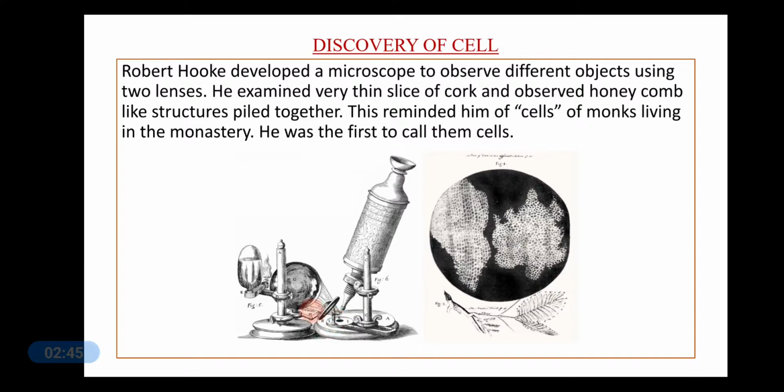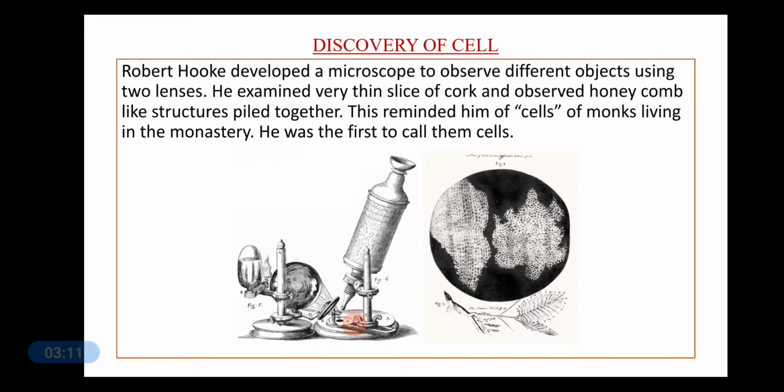Here you can see the microscope which Robert Hooke had used. There are two different lenses present over here. If the cork is kept over here, he could see through this tube-like structure. So, two convex lenses were used over here.